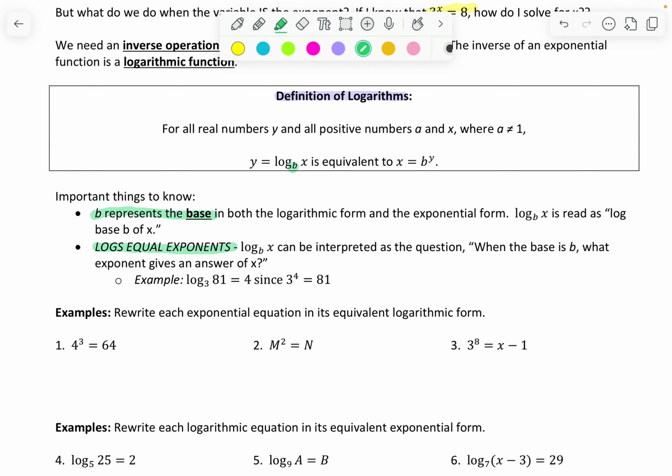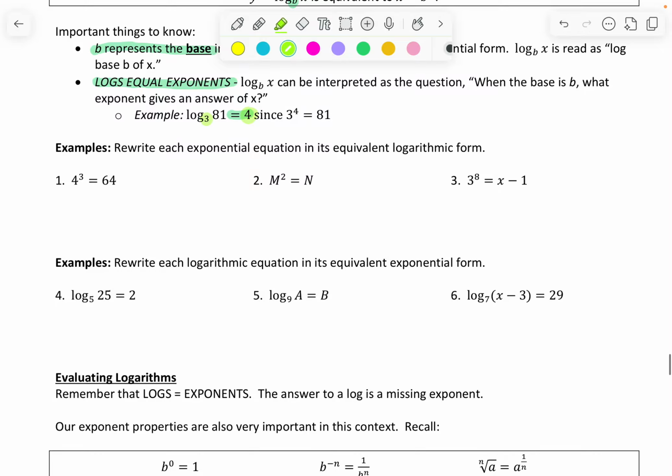So for example, if I have the log base 3 of 81 equals 4, I know that that has to equal 4 because, again, it's looking at if the base is 3, what exponent gives me an answer of 81. Since 3 to the 4th power equals 81, the answer to log base 3 of 81 is 4, okay?